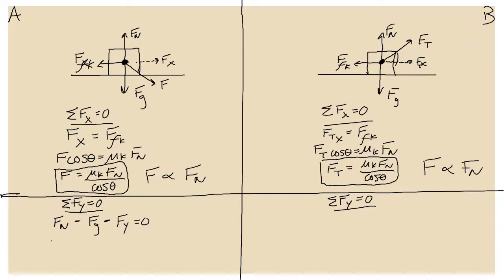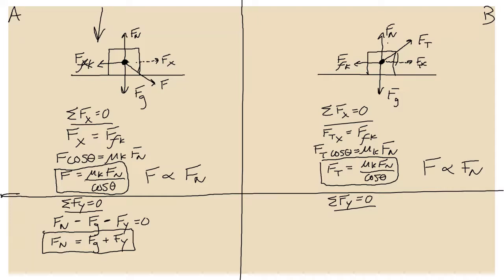And this should make sense here that the normal force is equal to Fg plus Fy. In other words, the normal force is going to be bigger than the weight because that vertical component of this applied force F is going down and pushing the block into the surface. And according to Newton's third law, if the block is pushing into the surface more, then the surface is pushing up on the block more, thus increasing the normal force.